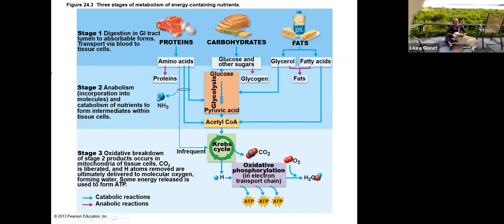So stage 1 is the digestion in the GI tract, from lumen to absorbable forms. Transport is via the blood and the lymphatic system to the tissues and cells. All right, so the first thing we have to do is digestion in the GI tract of our organic families to the absorbable molecular form. And that's what we looked at in the last few lectures.